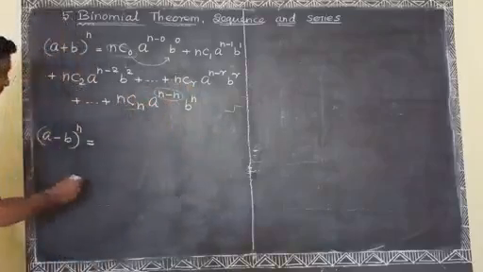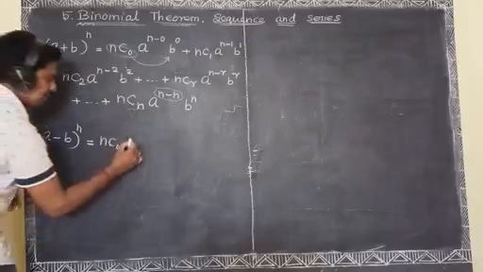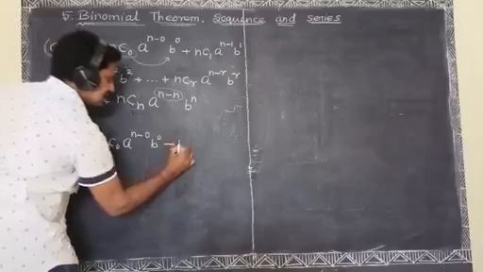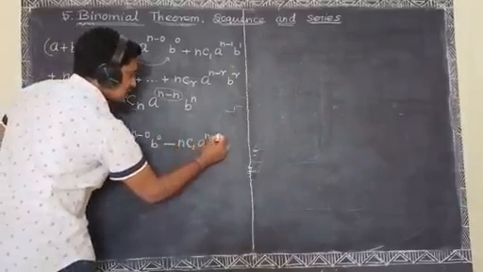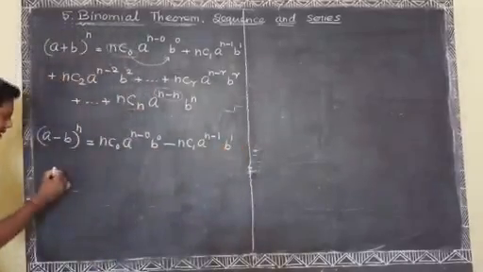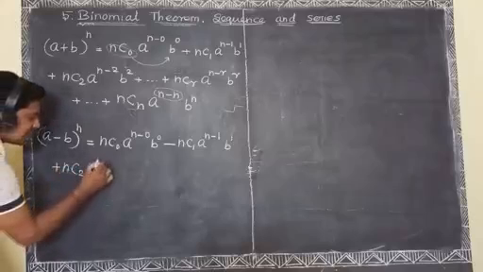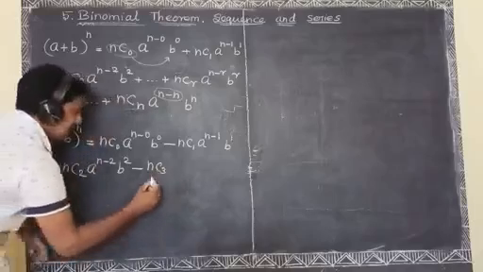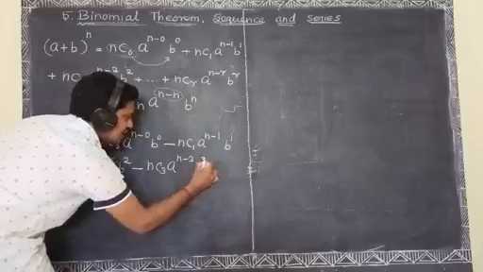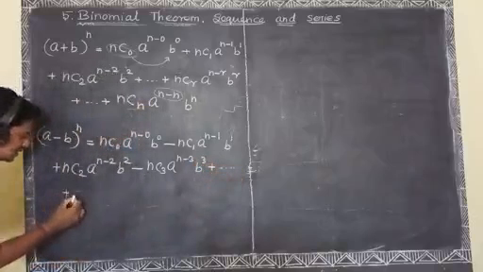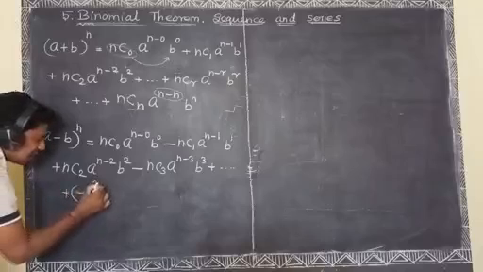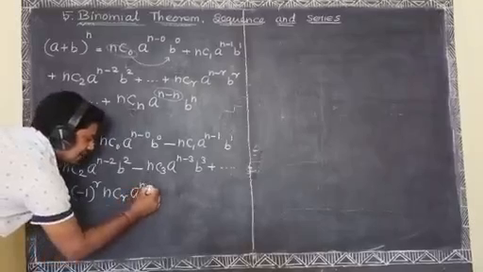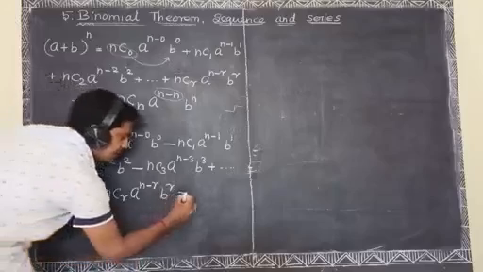Here nC0, a power n minus 0, b power 0, minus nC1, a power n minus 1, b power 1, plus nC2, a power n minus 2, b power 2, minus nC3, a power n minus 3, b power 3, plus and so on, plus minus 1 the whole power r into nCr, a power n minus r into b power r, and so on.